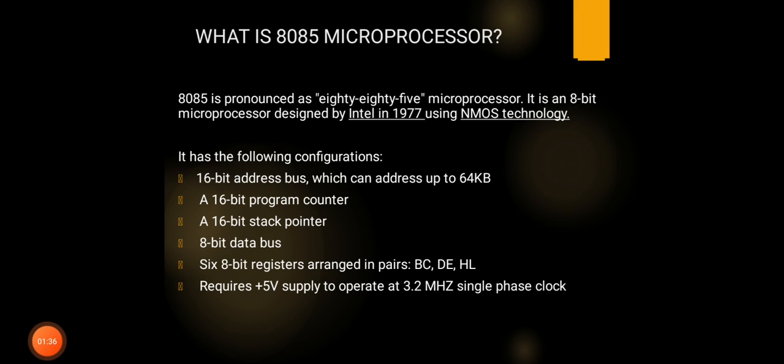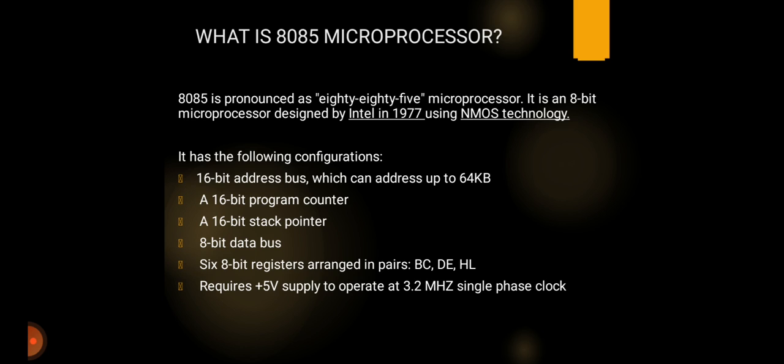NMOS technology is nothing but N-channel metal oxide semiconductor, and this technology is used in microelectronic circuits for logic and memory chips, and in complementary metal oxide semiconductor (CMOS) design.